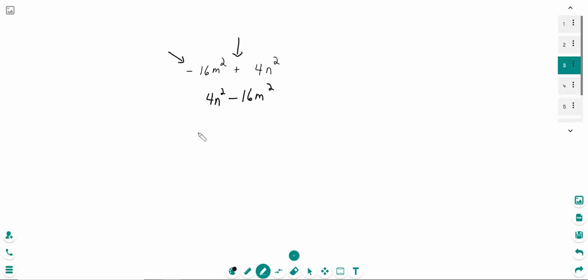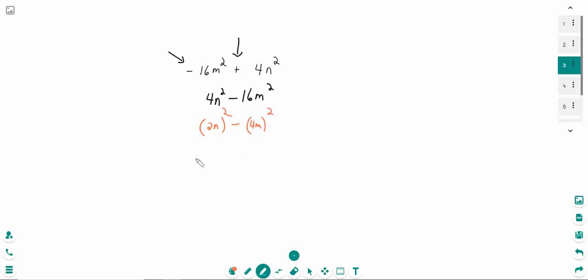So at that point, I can ask you, is this a perfect square? That's the question. Is it a perfect square? Can I write it in some form that looks like this? Okay. And the answer is yes. I could write this as 2n. That would give me 4n squared. I could write this as 4m. That would give me 16m squared.